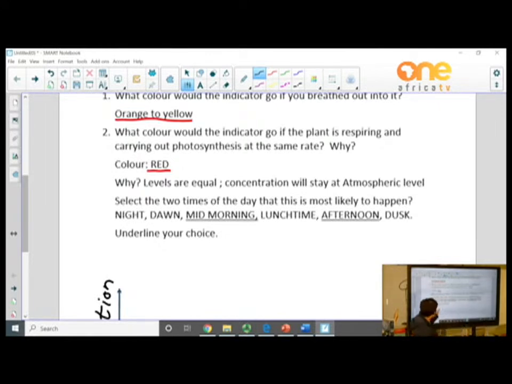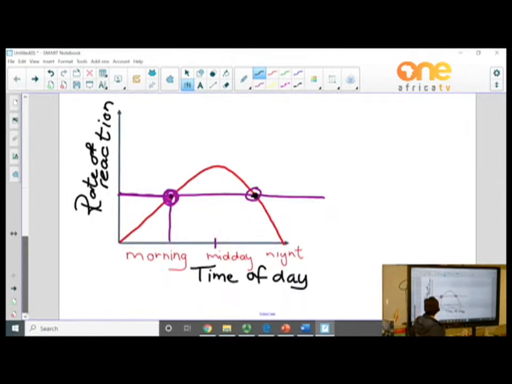So somewhere between lunch and night, I think afternoon is the best choice. Okay, so I will say mid-morning and afternoon. There will be a point where the rate of photosynthesis and the rate of respiration are more or less the same.